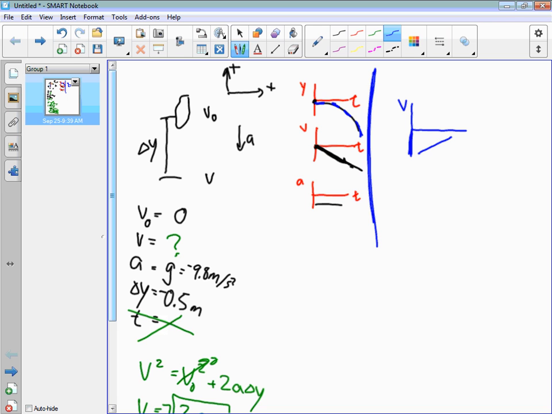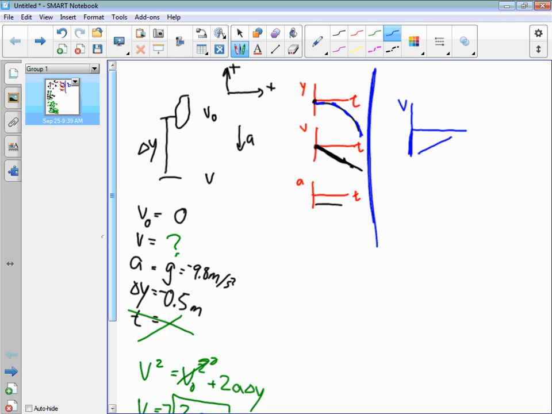So the velocity is negative. What does it mean to have a negative velocity? I'm going in the negative direction. There's nothing truly special about that. It can still mean I'm going downwards if I say downwards is negative, or if I'm driving a car and we usually say forward is positive, then in this case I'd be going backwards.